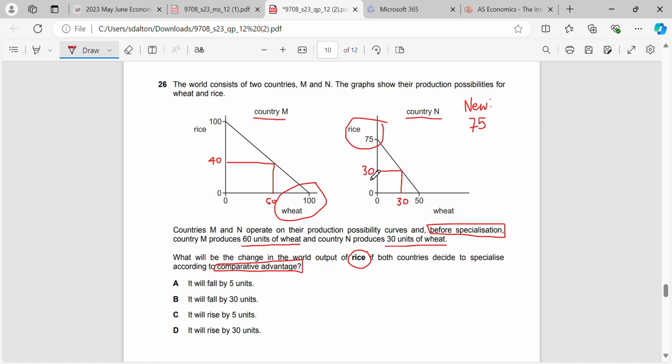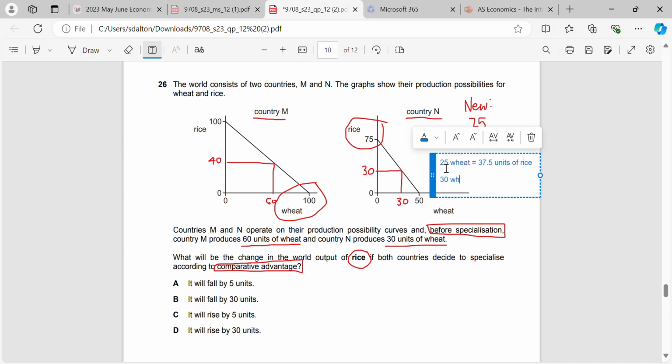Okay, now I'll show you an easy way to calculate that. At 25 wheat, that would equal 37.5 units of rice for country N, right? Now every time they increase their output of wheat, they have to give up 1.5 rice.